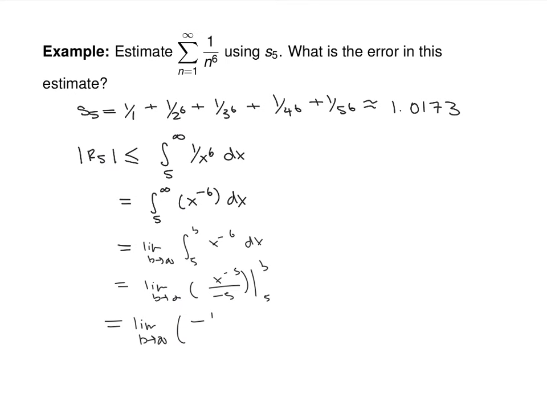So that will be negative 1 over 5b to the 5th plus 1 over 5 times 5 to the 5th. Well, as b goes to infinity, that first term goes to 0, giving us 1 over 5 to the 6th power as an upper bound for the remainder.